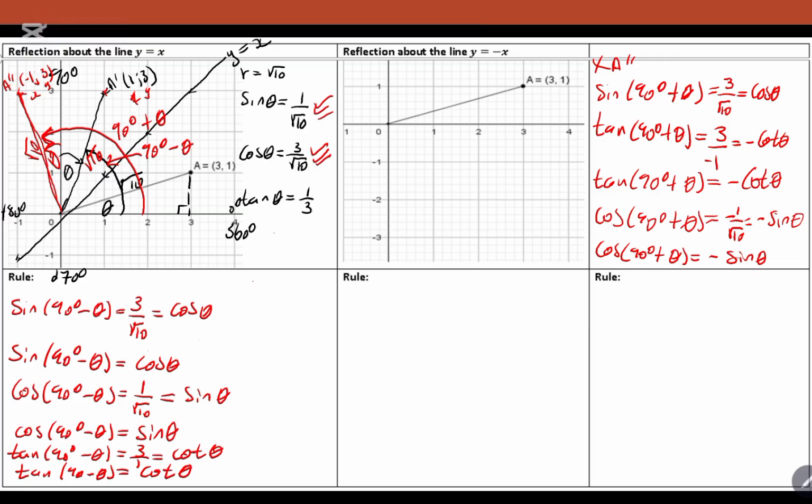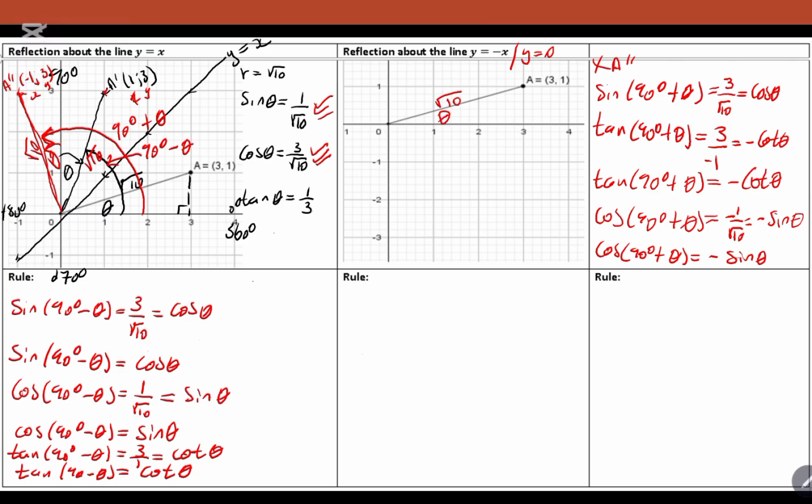Now, let us go and look at the reflection that follows in the second quadrant. Firstly, we're going to reflect this terminal arm of the original about the x-axis, just so that we can follow through before we go to the line y is equal to negative x. So firstly, let us look at the reflection about the line y is equal to 0. So here is our angle theta.